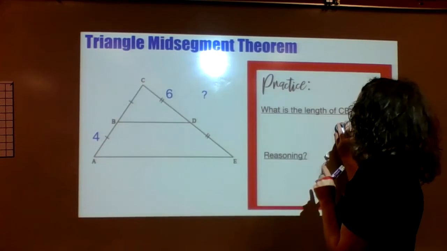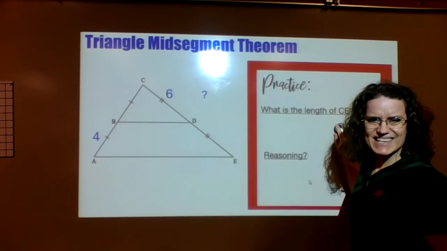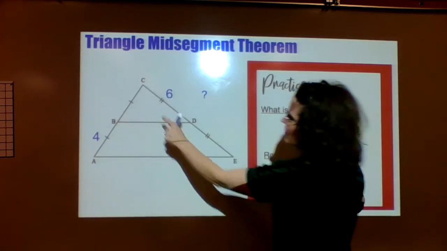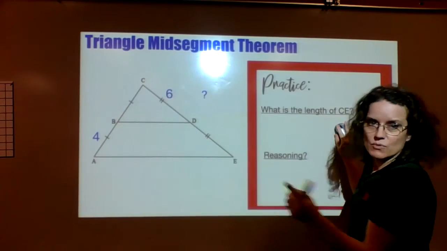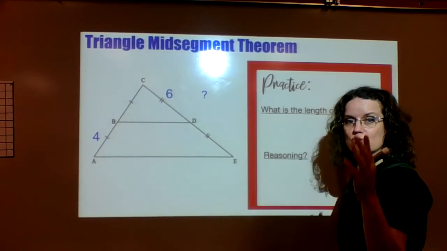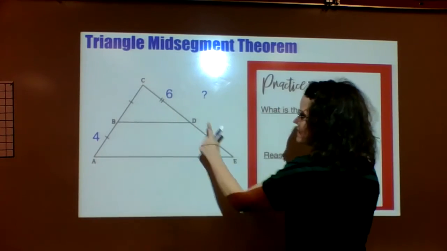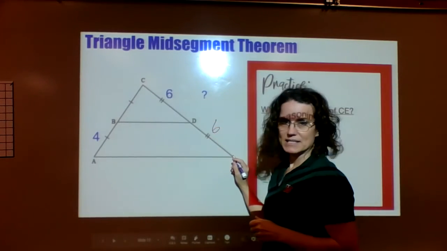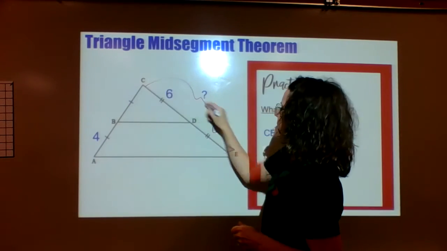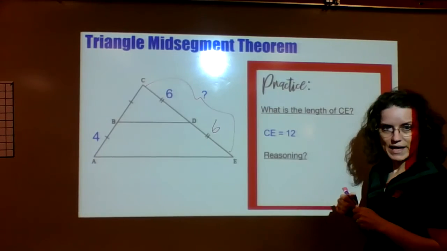Moving on, I give you that this piece is 4, and this piece is 6. And I'm asking, what is the length of CE? I want to know how big this whole piece is over here. Well, this is where you have to think, oh, midsegments go through midpoints. This piece and this piece must be equal. If they're equal, this must be 6, which means CE must be 12.